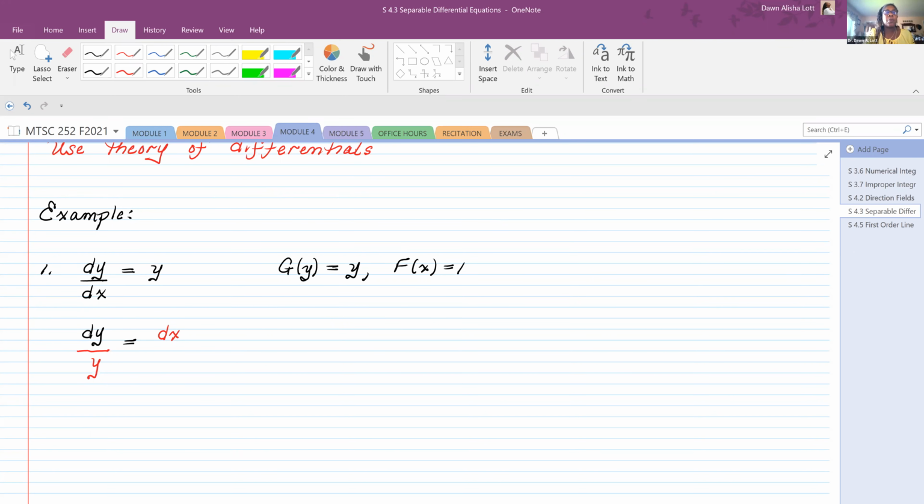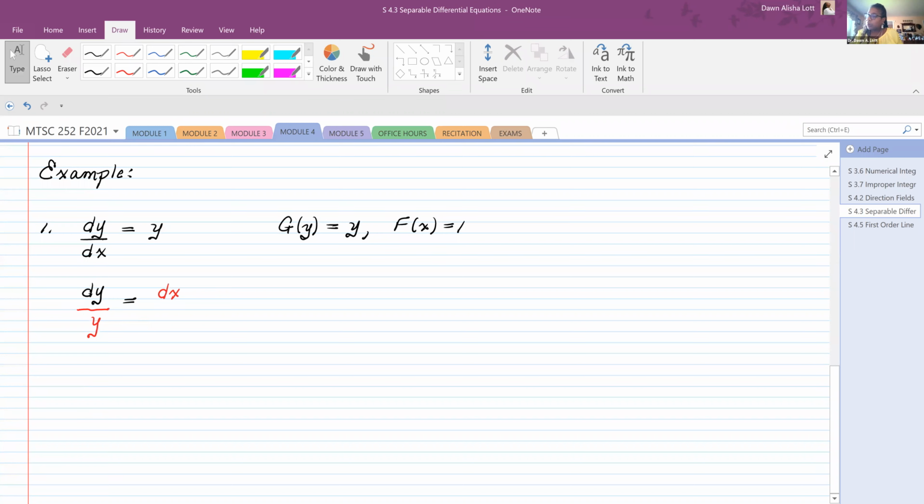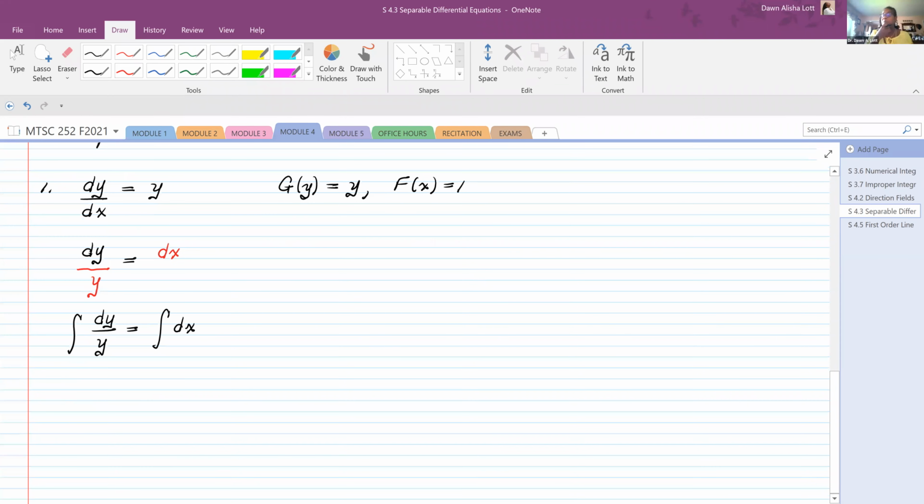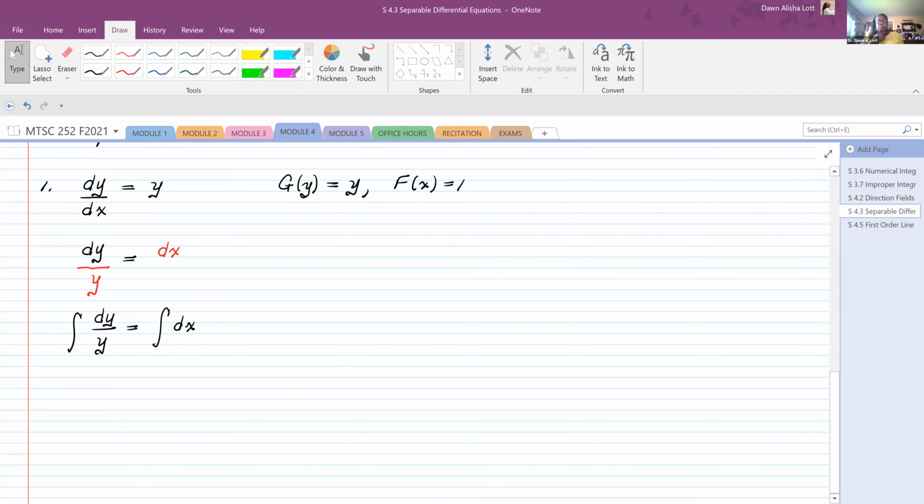Now I'm going to throw in an integral. I get the integral of dy over y is equal to the integral of dx. So now I'm integrating both sides. What is the integral of dy over y?